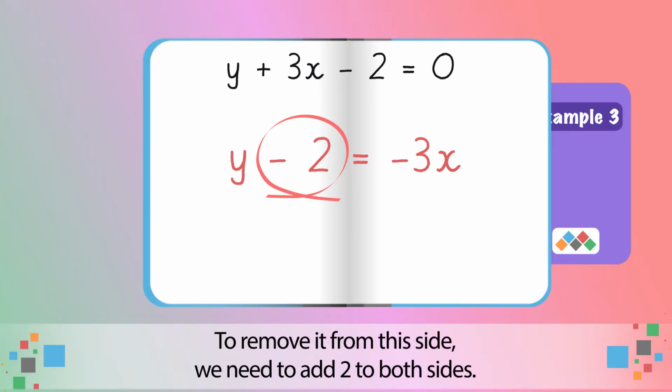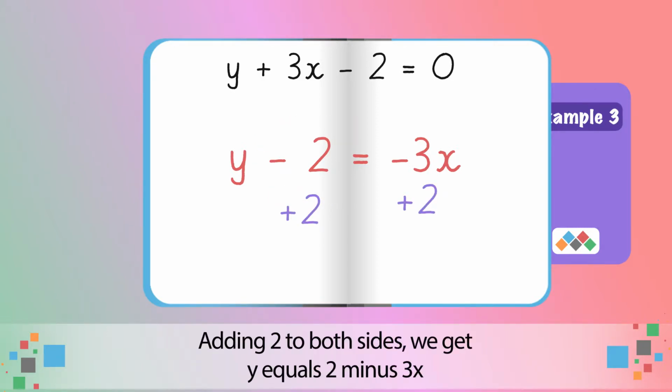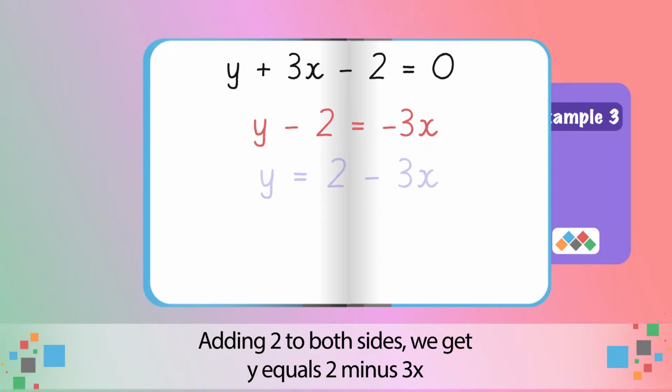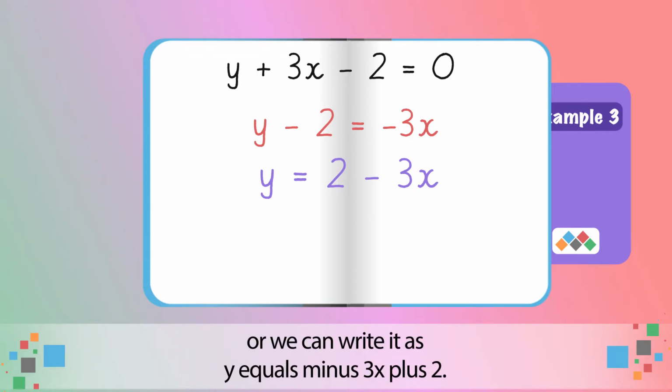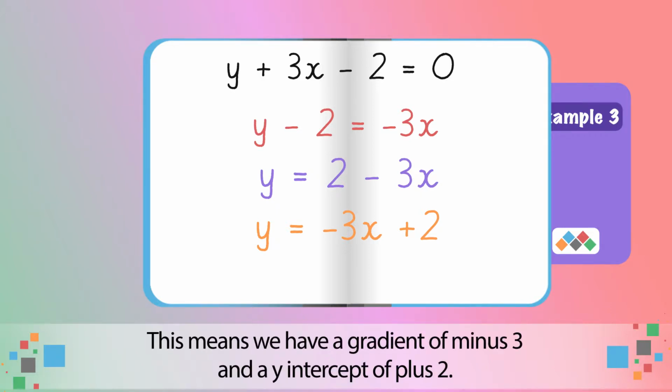To remove it from this side, we need to add 2 to both sides. Adding 2 to both sides, we get y equals 2 minus 3x, or we can write it as y equals minus 3x plus 2. This means we have a gradient of minus 3 and a y-intercept of plus 2.